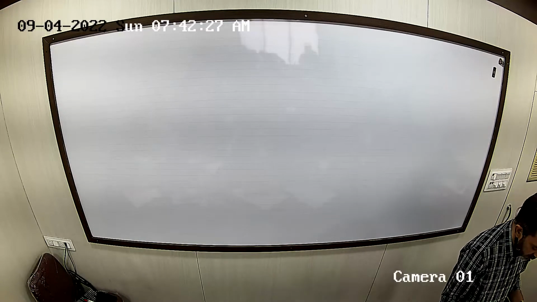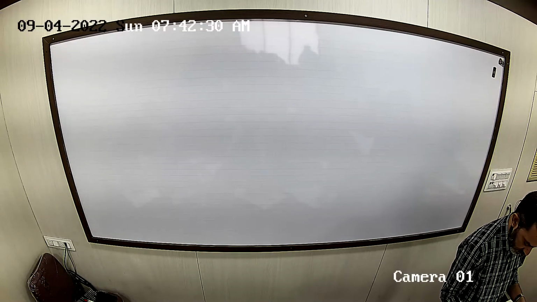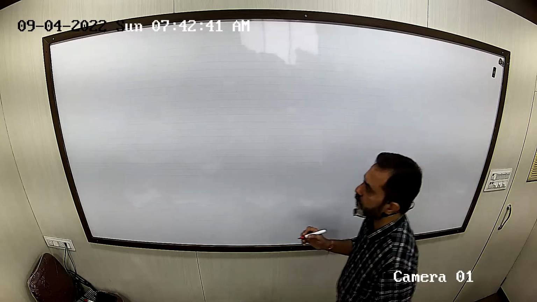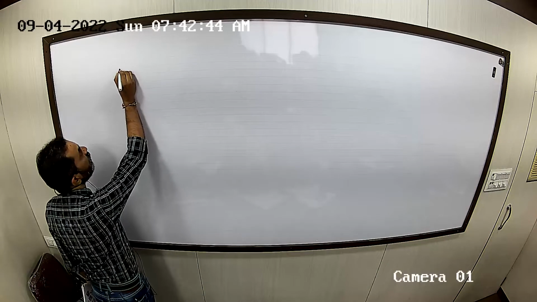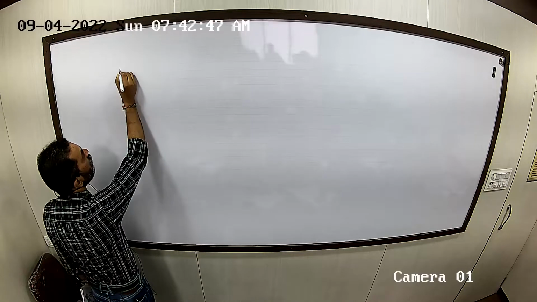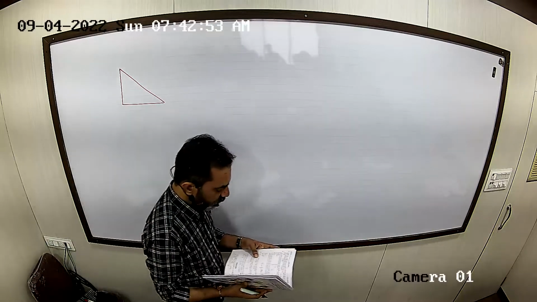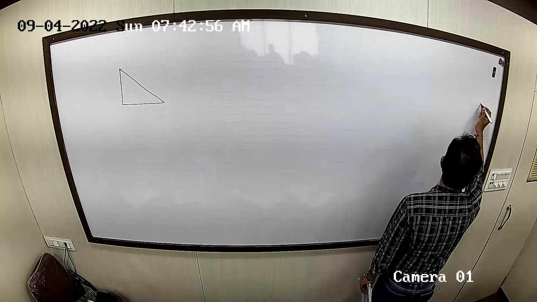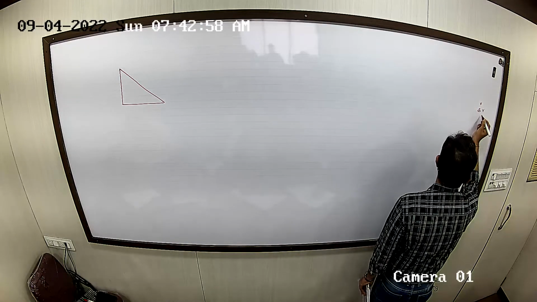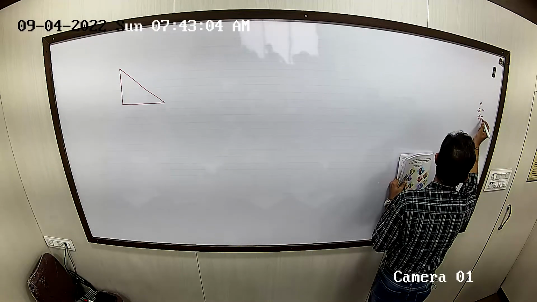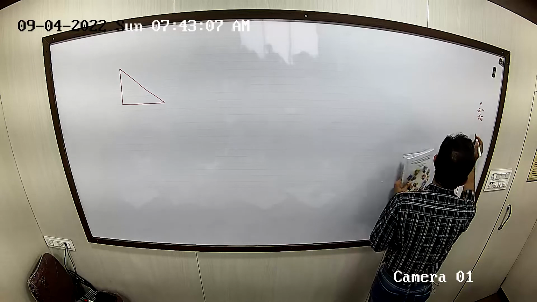Then find the speed of the second mass after the collision. Options are V, root 3V, V by root 3, or 2V by root 3.